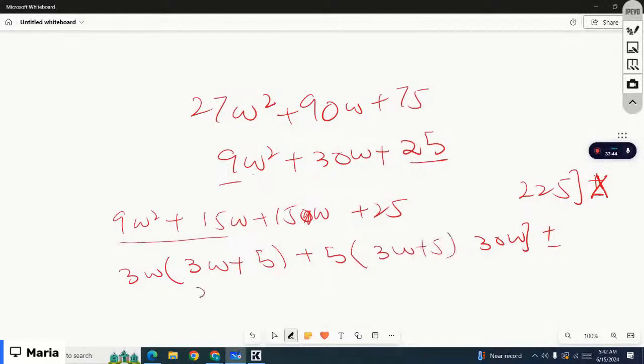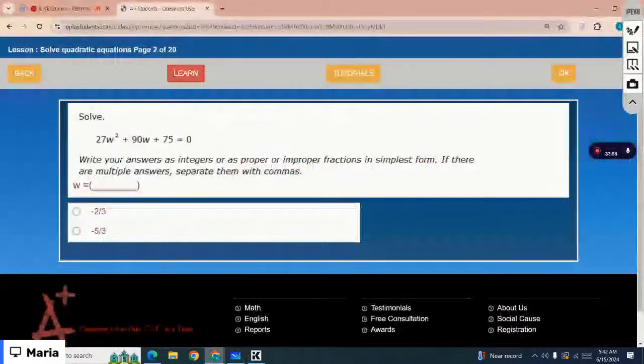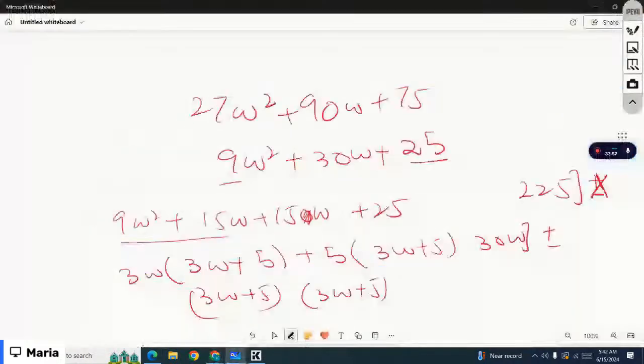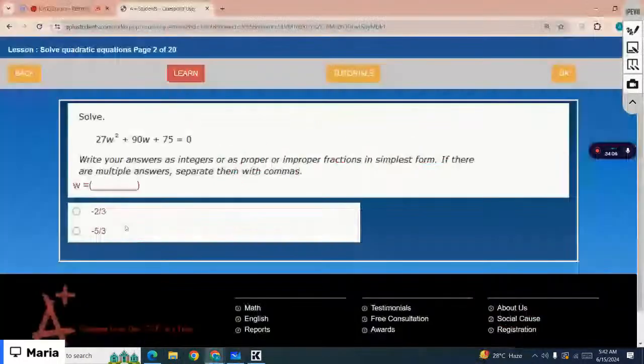So the factors are 3w plus 5 and 3w plus 5. Got it? When you make them equal to 0, 3w plus 5 is equal to 0. That means w equals negative 5 over 3. So the correct option is negative 5 over 3. Option number 2 is the correct option. Got it?